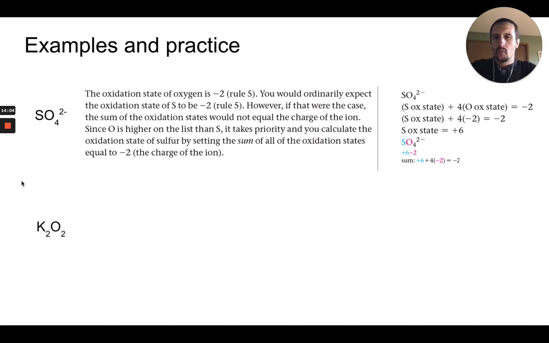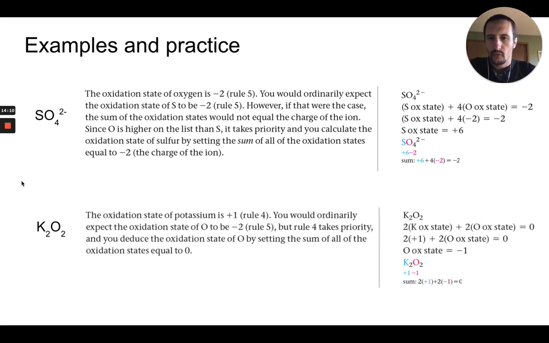Take a look at one more example, K2O2. Remember, potassium, that's an alkali metal, always has an oxidation state of +1. Ordinarily, we would expect oxygen to be -2, but since Rule 4 takes precedence over Rule 5, we're going to remember that the sum of the oxidation states is 0.